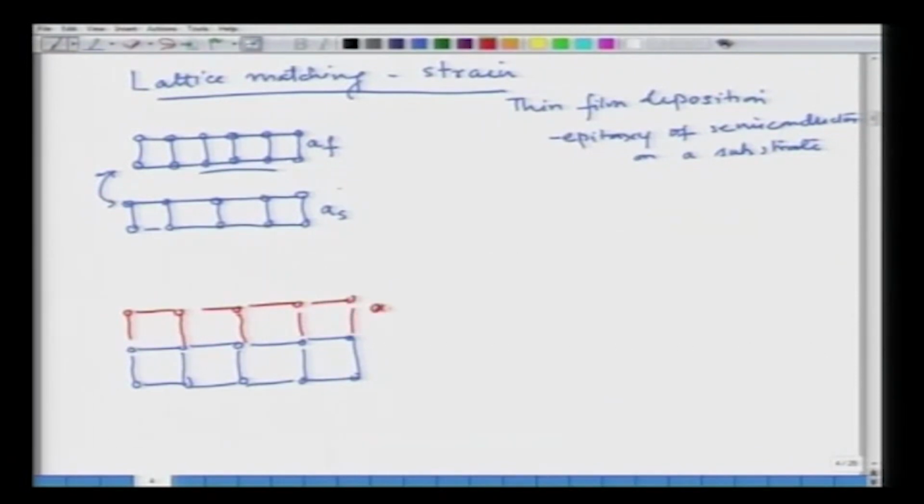So, this is a new parameter in which I have deposited my semiconductor on the substrate. Now, AF prime is not the same as AF, which basically means that I have changed the structure of my material.